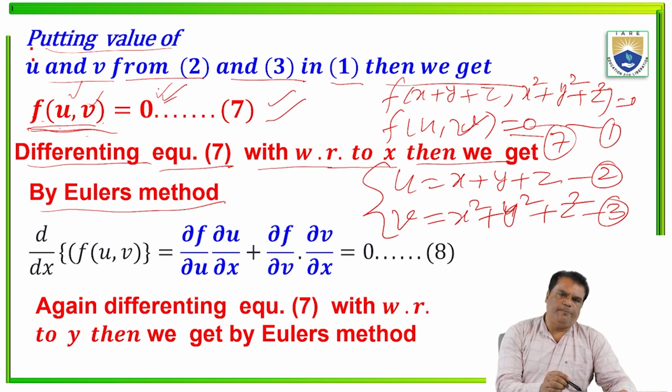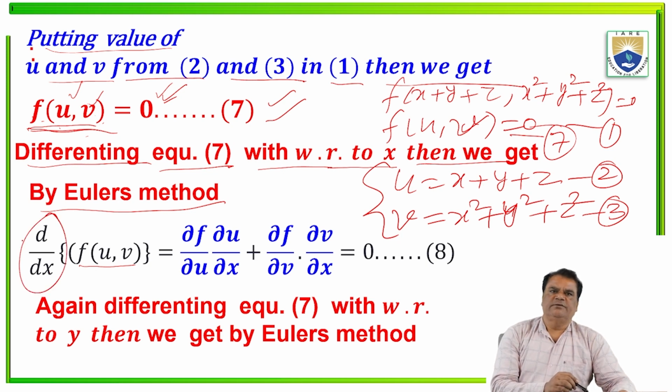There are two variables in this function, f(u, v) equal to 0. So we can write d over dx of f(u, v), differentiation with respect to x: dou f over dou u into dou u over dou x plus dou f over dou v into dou v over dou x equals 0.